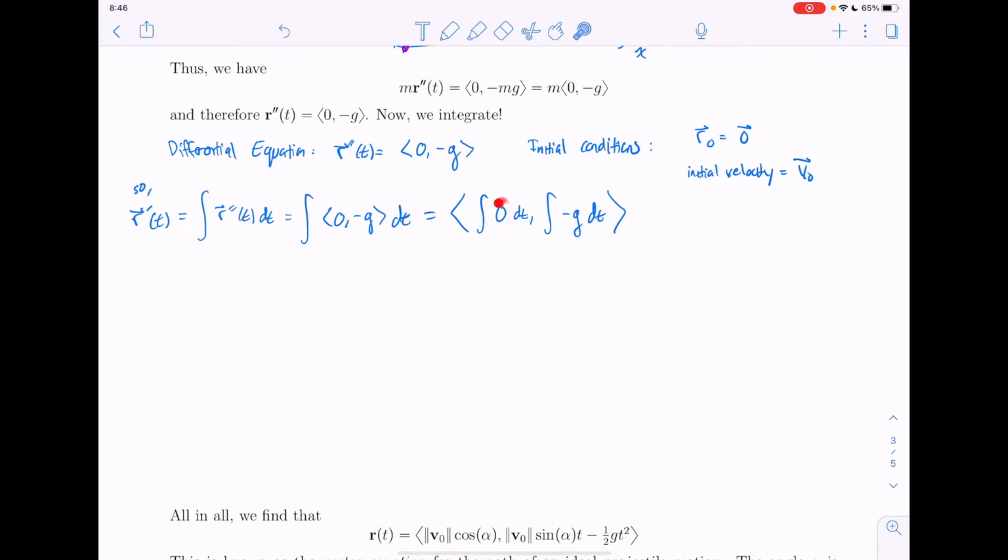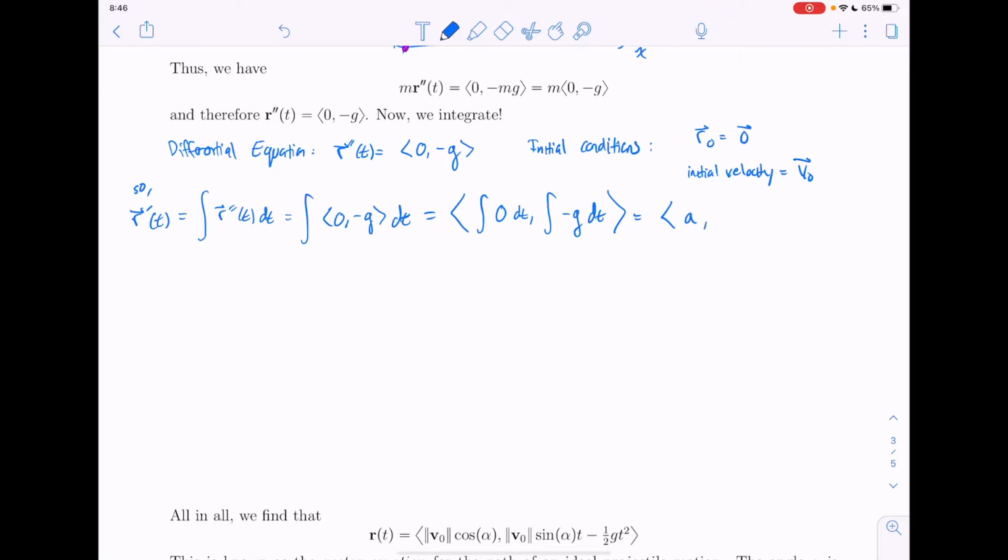Now, when I integrate 0 here, the integral of 0 is just a constant. And when I integrate negative g, since g here is the acceleration due to Earth's gravity, this is just a constant. And so this will integrate into just the constant times t. So if we wanted to be very, very pedantic about this, we could write this as now a vector where we might have some constant a.